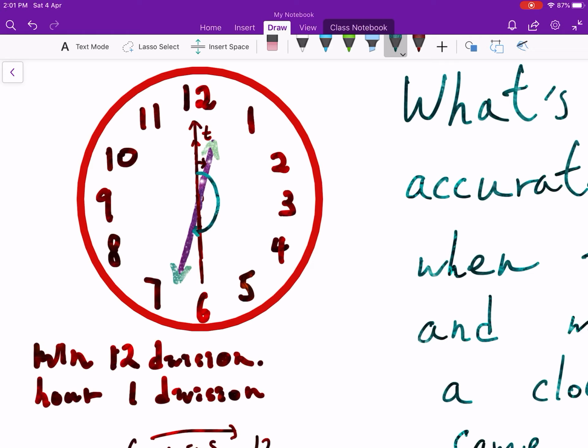It would be represented by 30 minutes plus T, if T is in minutes. Why? Because this one is the same as that one up there, as they are opposite to each other. So the problem is like this: whenever the minute hand moves 30 plus T, our hour hand moves T minutes.